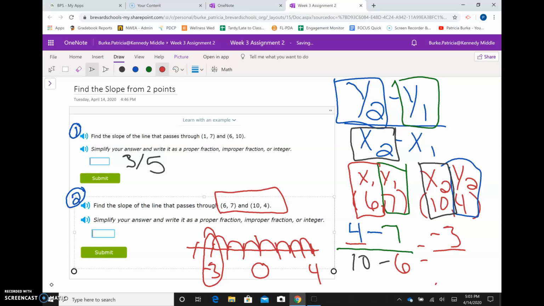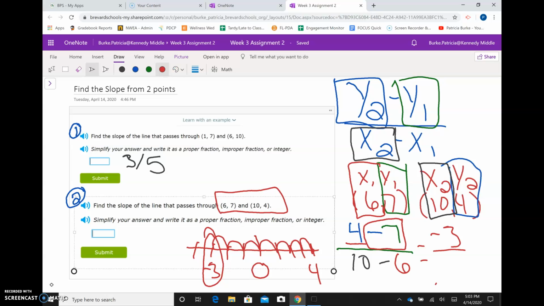Because you are borrowing more than you had to start with. And how much more did you borrow? You borrowed 3 more. So if you think of these as money, it will help you come up with -3, because you borrowed a little more than you started out with.